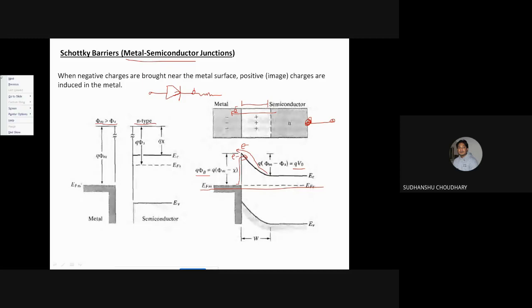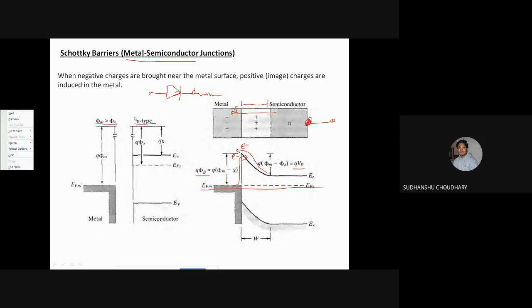Now, if this metallic lead has a barrier at this point, that is, a Schottky barrier exists here, then the bias required for this device to be functional will be more. In fact, that bias will be equal to the Schottky barrier plus the barrier potential of the device also, right? So that results in a wastage of power. So that is why this barrier is undesirable.